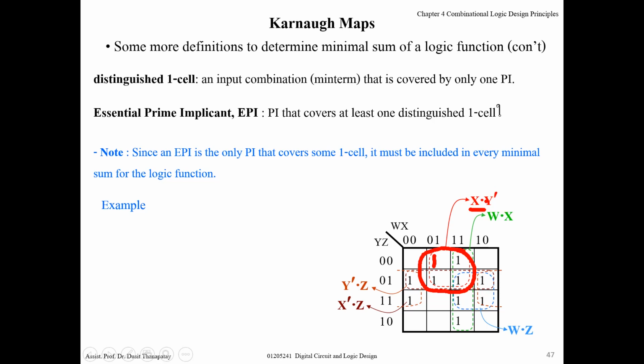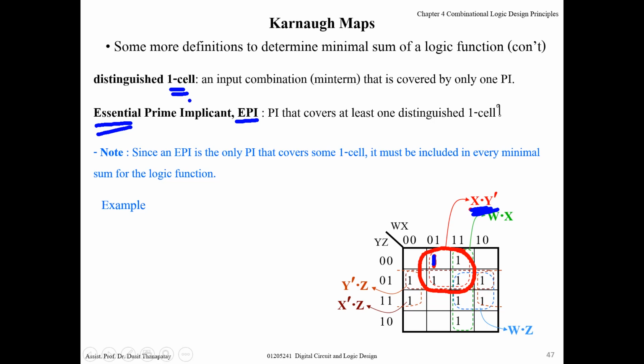That means to complete the function you must select all logic 1 outputs, so to select this cell you must select this product term also. So this product term is an essential prime implicant. You must select this. And the cell that is covered only by this essential prime implicant is called a distinguished one cell.